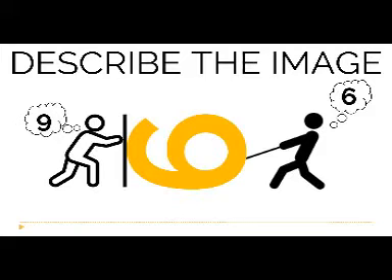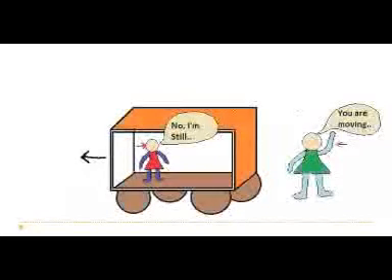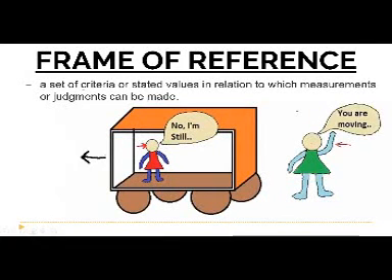They only interpret based on their own interpretation. So that is the frame of reference. The frame of reference is a criteria or stated values in relation to which measurements or judgment can be made.